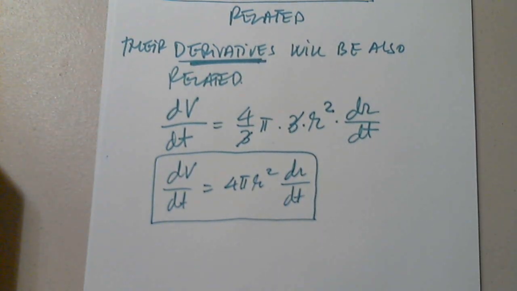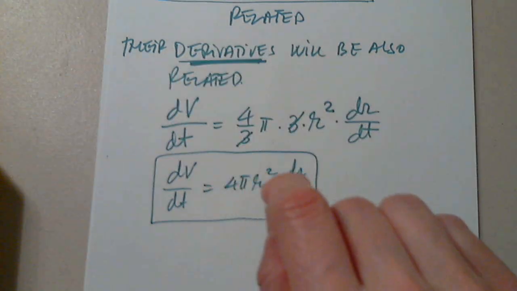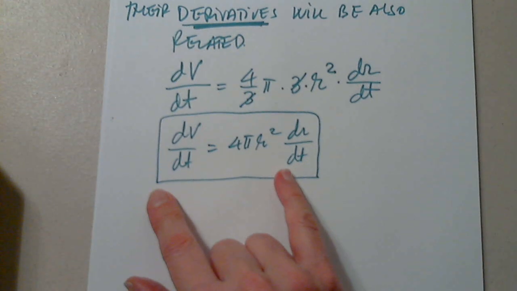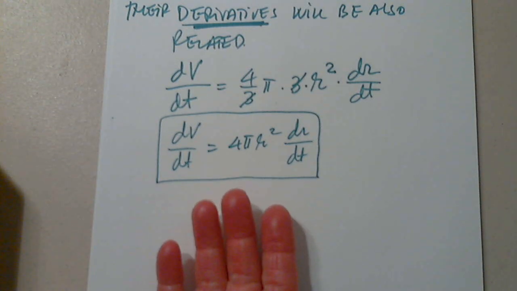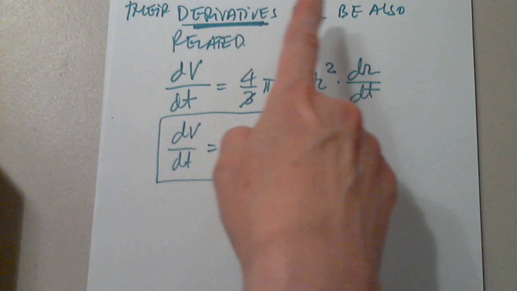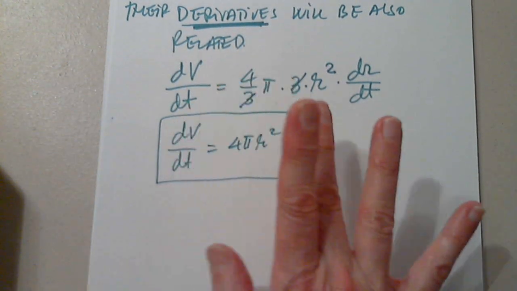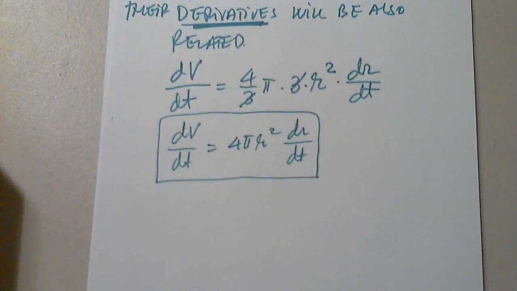Why? Because the two functions were initially related. Their rates are also related or connected. How? Through this equation. Their functions were related, or they found themselves in the same equation, so their derivatives are related by a different equation.